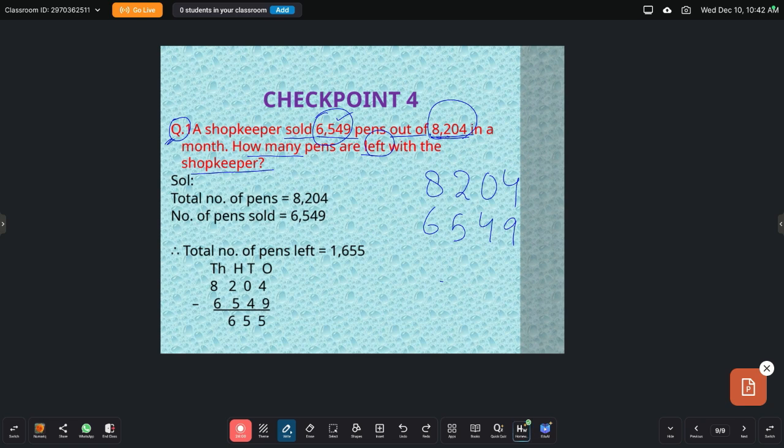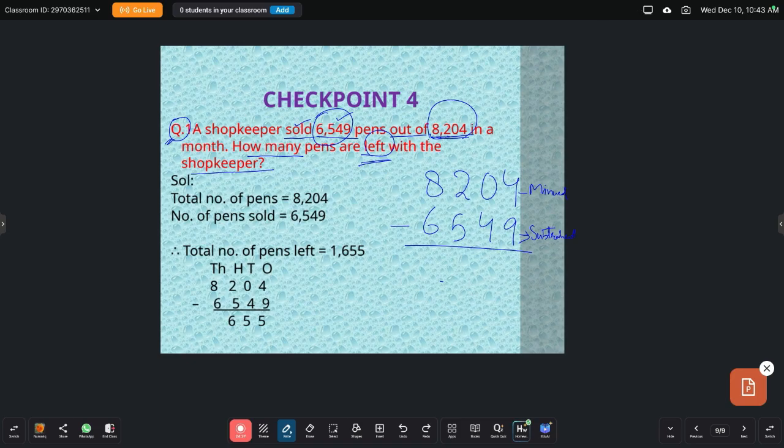Now, what we have to tell? We have to find how many pens are left with him. That means we have to subtract. The total number of pens is the minuend, and the number of pens that he sells is our subtrahend. So, we have to subtract.